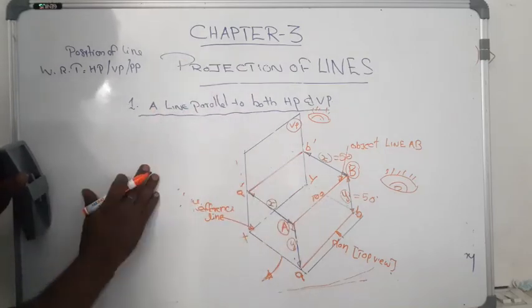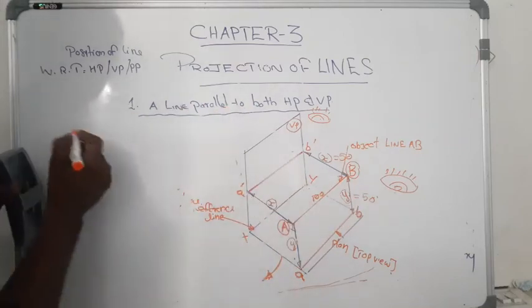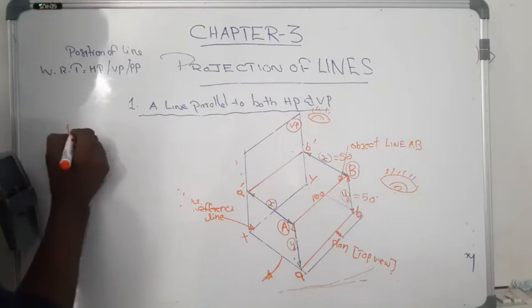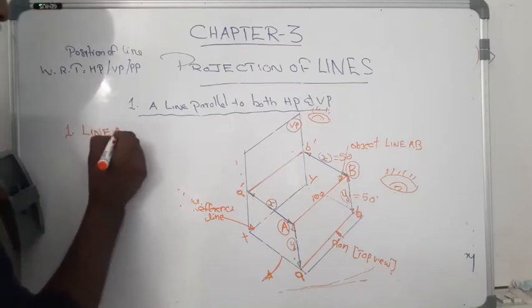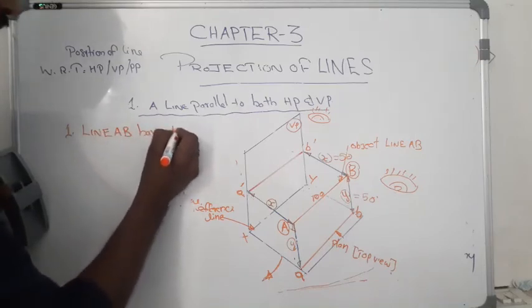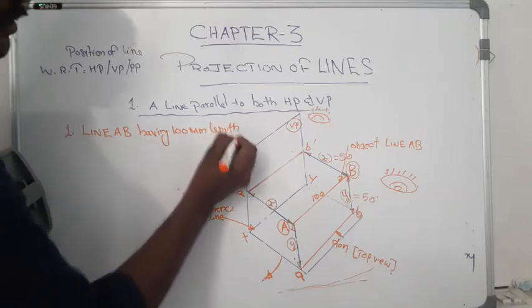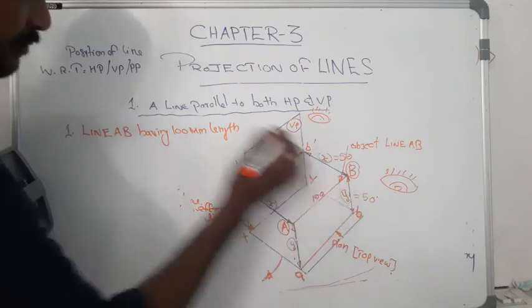How can we formulate that question? Our object is line AB. So we can write it as: line AB having 100 mm length. From this diagram we can understand the line length is 100 mm.